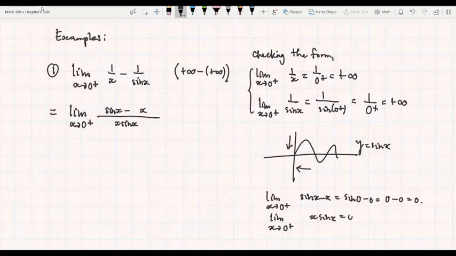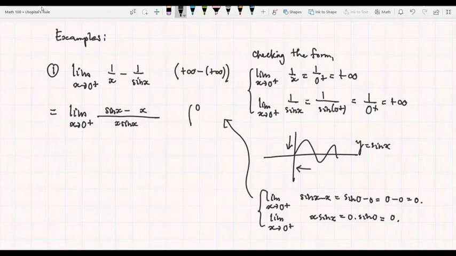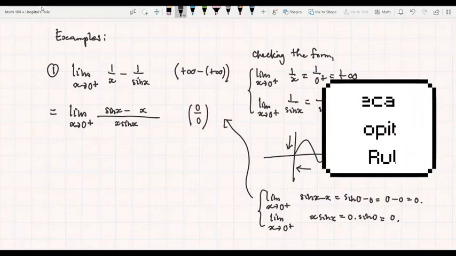So we have 0 times sine 0. So again, obviously this is 0. So from these two calculations, what can we say? So this tells us that our limit is indeterminate of type 0 over 0. So this calls for L'Hopital's rule.